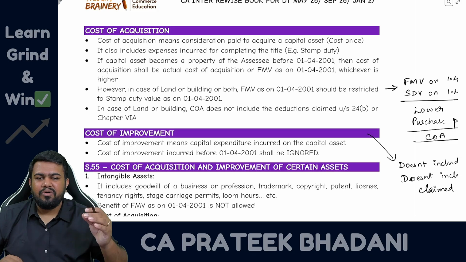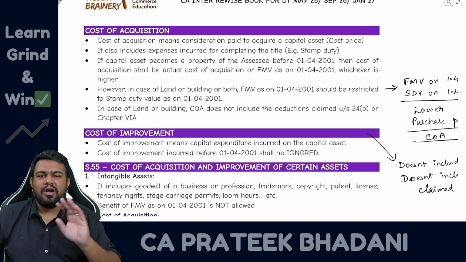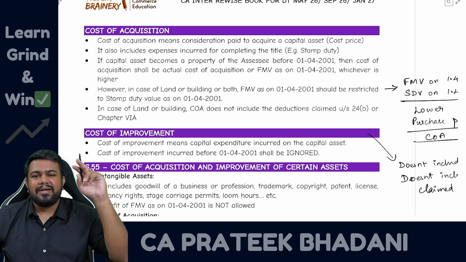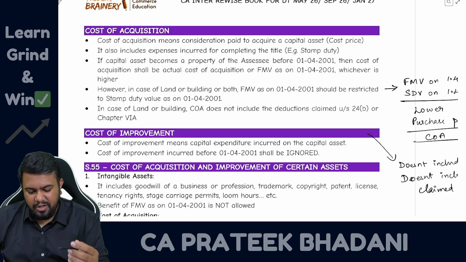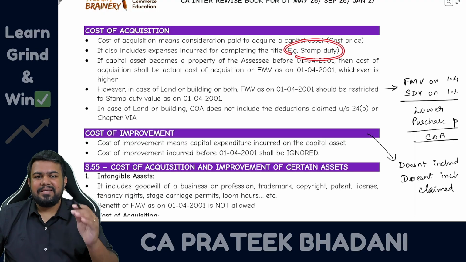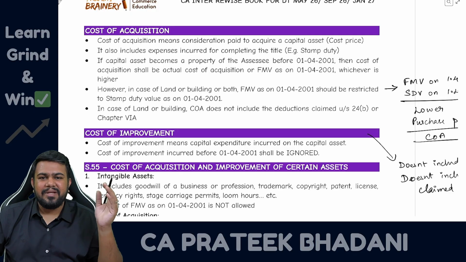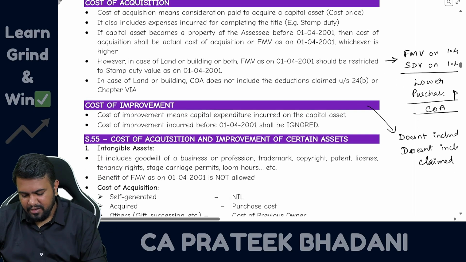So for any amount which you have already claimed as deduction, that amount you should not include in the cost. For example, for interest on housing loan, you are claiming deduction under house property chapter. For stamp duty or repayment of housing loan, you are claiming the deduction under 80C, that is deduction under chapter 6A. So all those amounts which you have already claimed as deduction, you should not include in the cost.